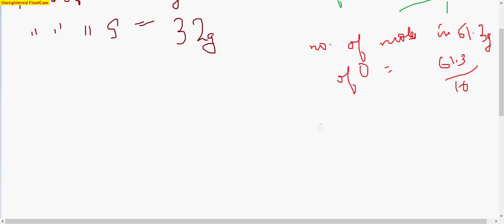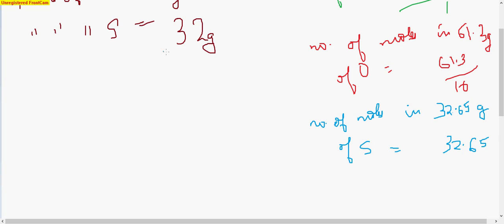Okay, the last one, number of moles in 32.65 grams of sulfur, is equal to 32.65 divided by 32, right?